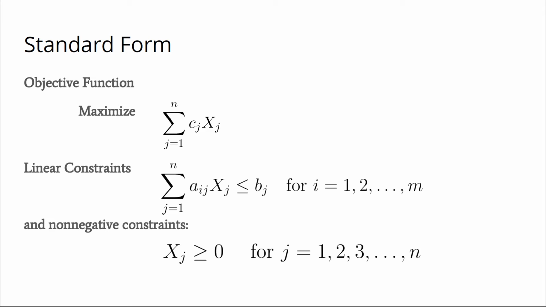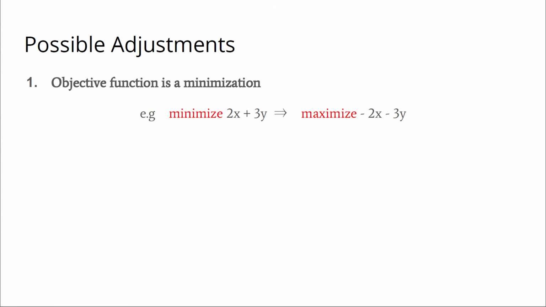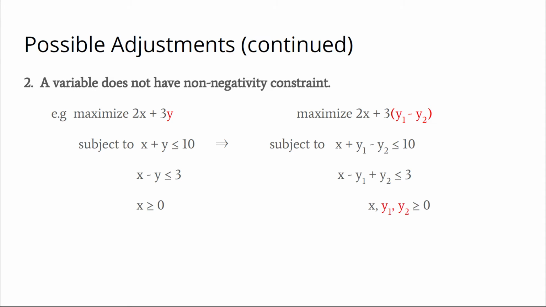Fortunately, any linear model which is not in standard form can be easily rewritten in standard form. If the objective function is a minimization, we can easily convert it into a standard form by negating its coefficients. If a variable does not have non-negativity constraint, for example the variable y in the following linear program, we can simply substitute the variable y with y1 minus y2, where y1 and y2 are both greater than or equal to 0.